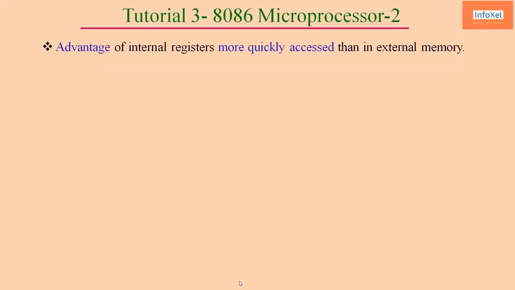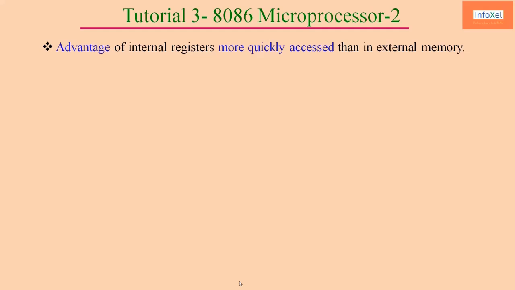Next, the advantage of using internal registers. What is the advantage of using internal registers? The advantage is that we can access these registers more quickly than the external memory, because these registers are internal to the microprocessor, whereas memory is external to the microprocessor.